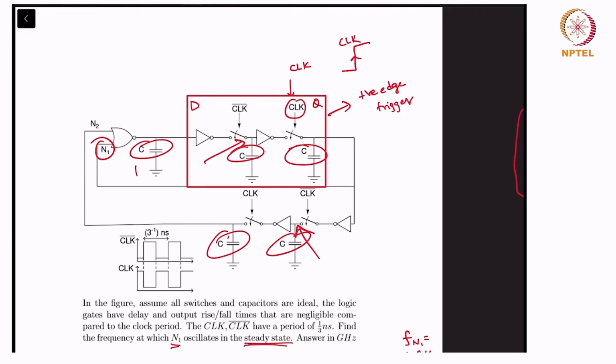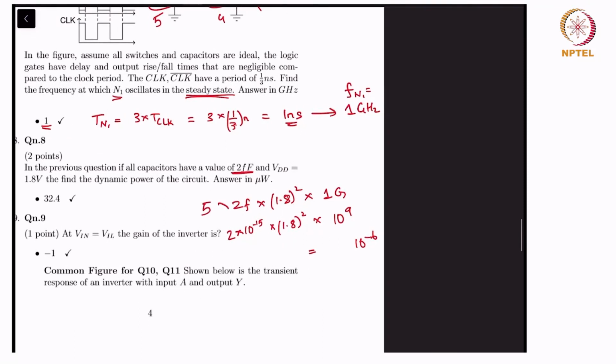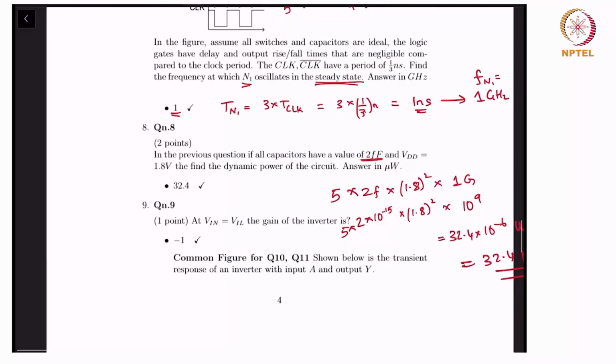There are 1, 2, 3, 4, 5. So that's 5 into this is the power of the circuit. So 5 into 2 into 1.8 squared gives you 32.4 into 10 to the power minus 6 watts, which is 32.4 microwatt. So this is the answer, so that is question 8.